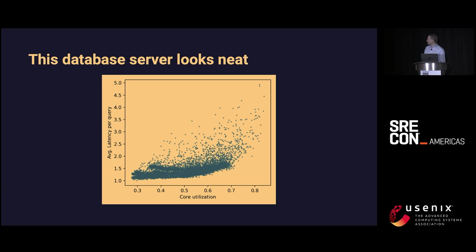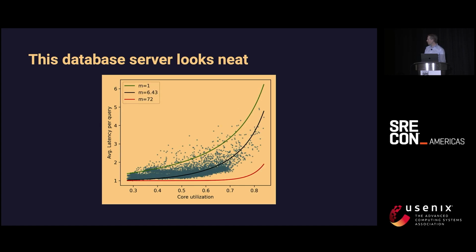So if I put some familiar curves on here, you might start seeing something that looks more familiar. These are the expected residence time curves. The green one is the graph for one server. It's too pessimistic. This is a multi-core machine. That's not what we get. The red line is actually for 72 servers, and I picked that because this is a 72-core machine.